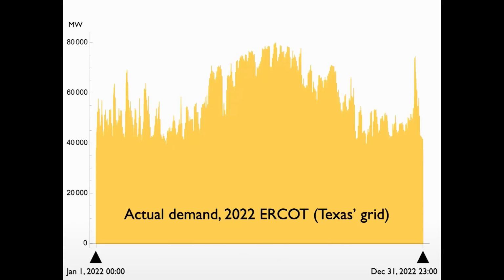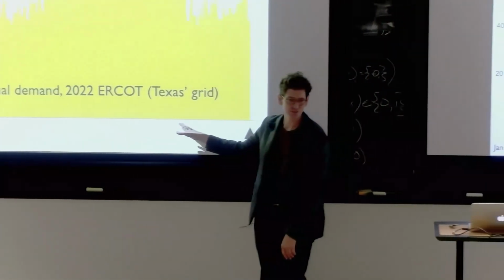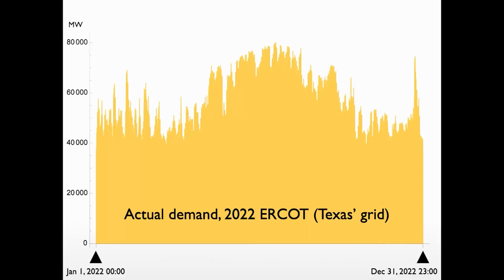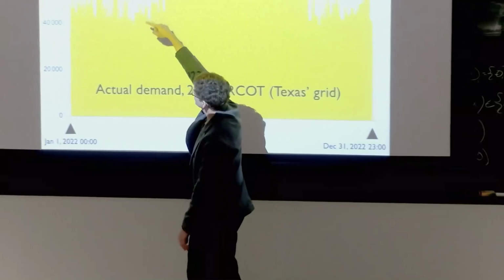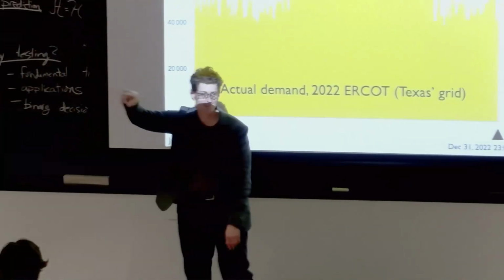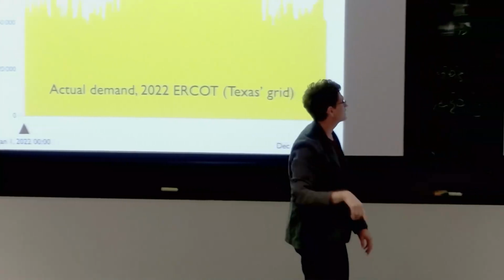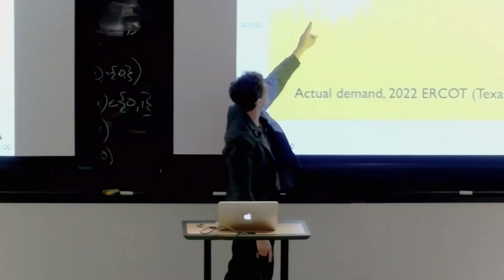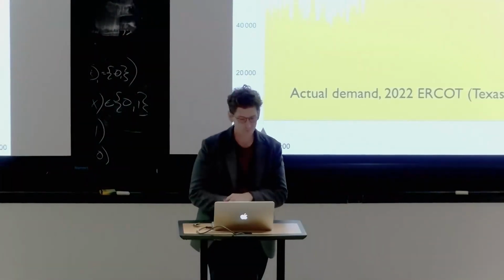We plotted the total demand, and you see here in the middle of the year, where the summer happens in Texas, the demand for electricity goes up. And if you look really carefully, you can see this periodicity, and there's 52 peaks. So that's the weekday, weekend change, with the weekday usage being higher and the weekend usage being lower. And you can sort of see this in the data.